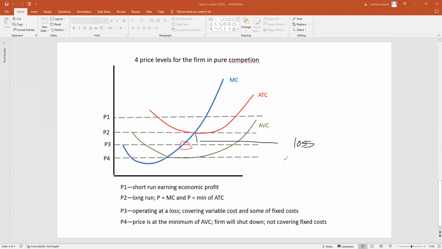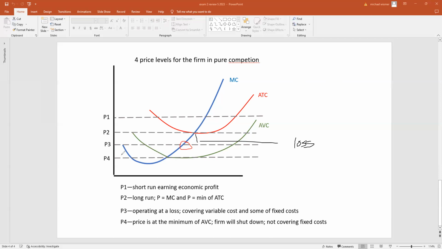Now, we also know that in business, there are many firms that operate at a loss as long as they are able to. And why do they operate at a loss? Because they think that they will be able to either lower their costs, or that they'll be able to differentiate their product in some way so that they can raise their price and get more into that profit picture. They have hope. Now, they will continue to have hope until when? Until things drop down to P4.